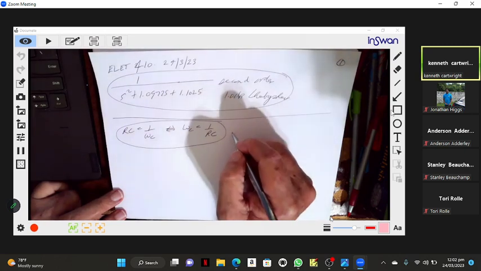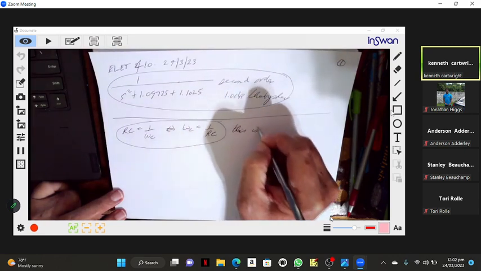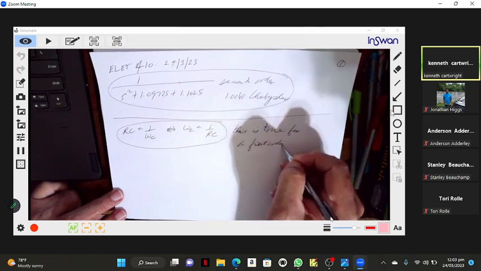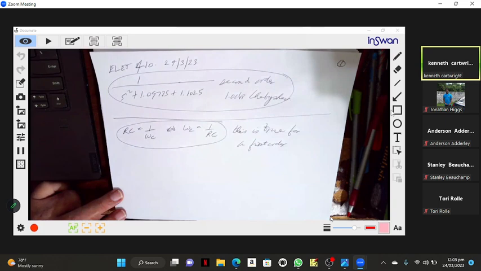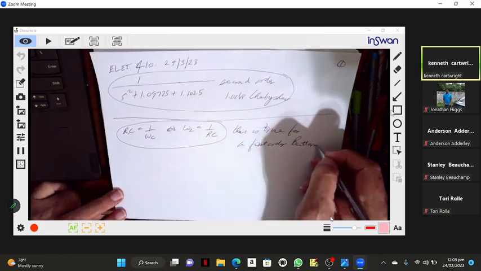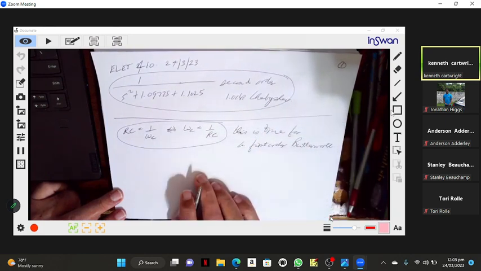This is true for first order. A first order Butterworth. It's not true for first order Chebyshev.